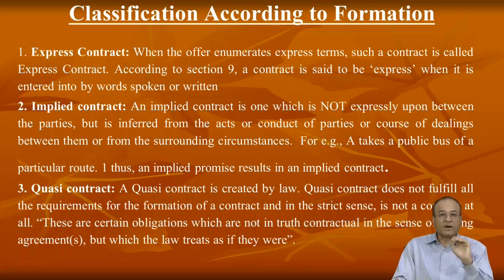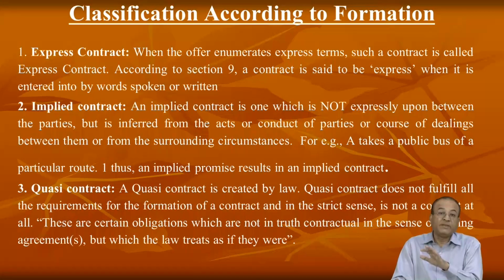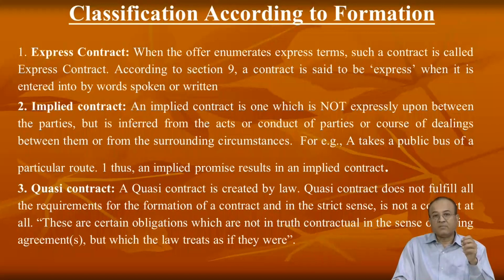An implied contract is one which is not expressly agreed upon between the parties but is inferred from the acts or conduct of parties, or course of dealing between them, or from the surrounding circumstances, like taking a public bus on a particular route. Thus, an implied promise results in an implied contract.